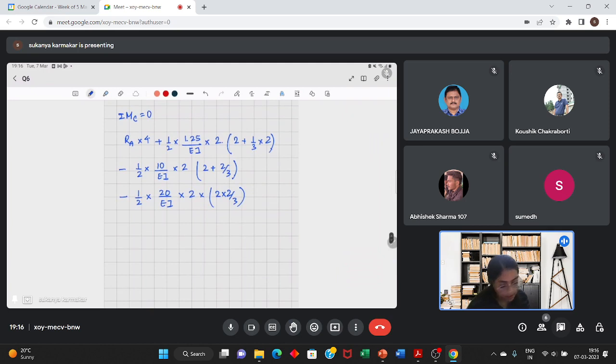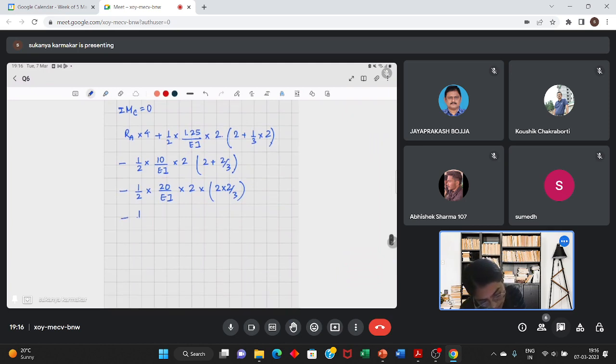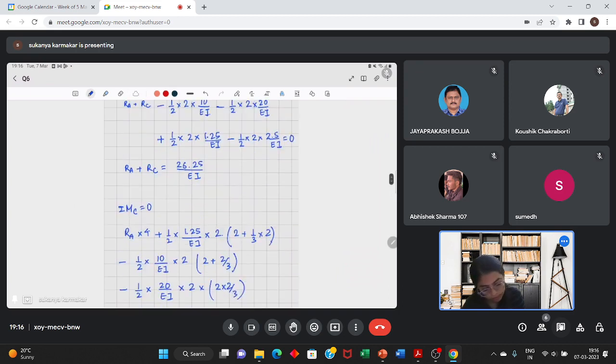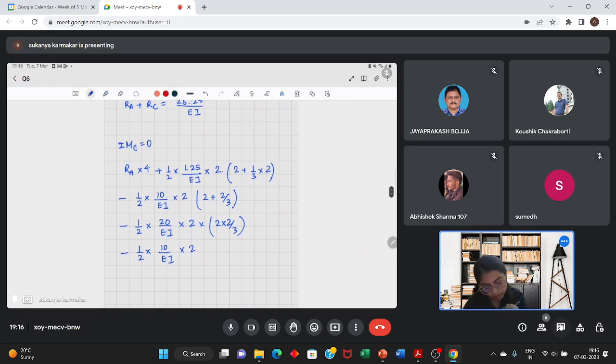And for the second triangle, it is half into 10 by EI into 2. Wait, I would like to check the values. 1.25 EI I have considered.